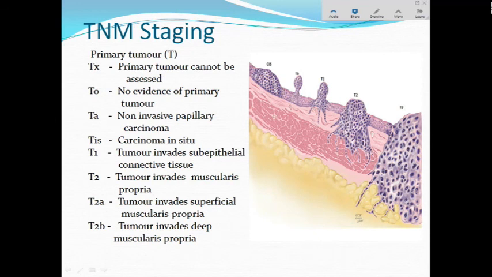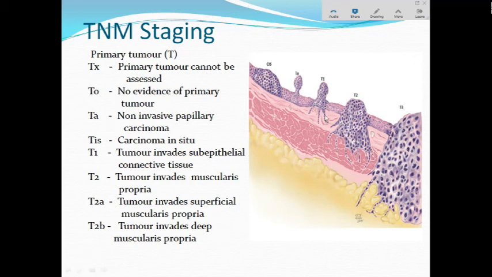What does T2 invade? Muscularis propria. Muscularis propria means detrusor muscle. So T2 is tumor invading muscularis propria, detrusor muscle. Not muscularis mucosa. So there is a difference between, as you have already read in histological classes, muscularis mucosa and muscularis propria.